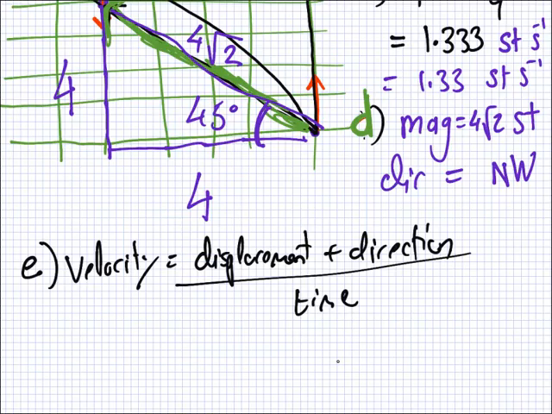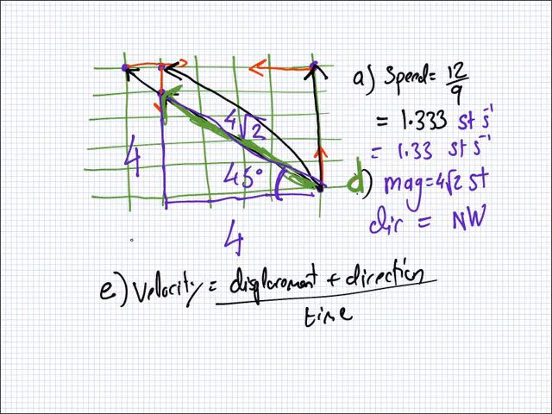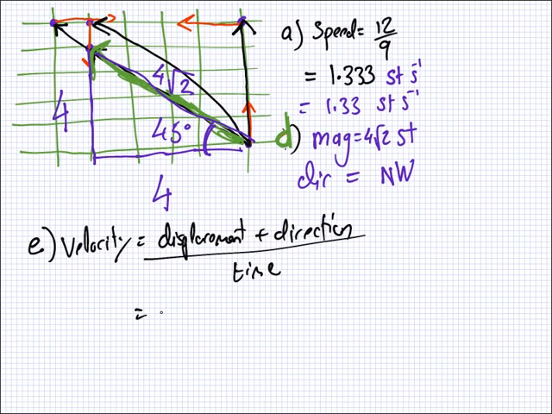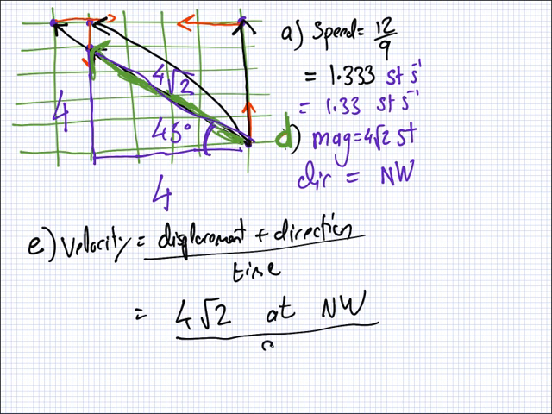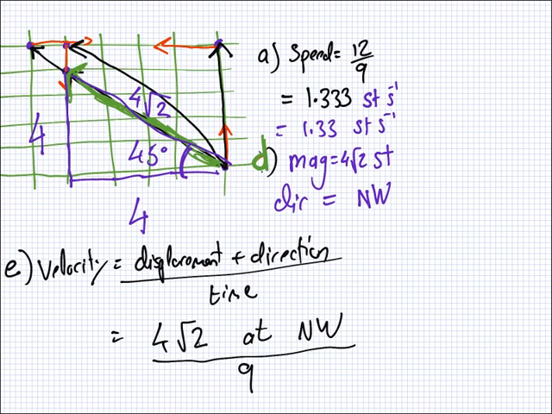Now, what is his displacement at the end, the final displacement? It's 4 root 2 at northwest. And what's his time? 9 seconds. Can somebody type in 4 root 2 divided by 9?